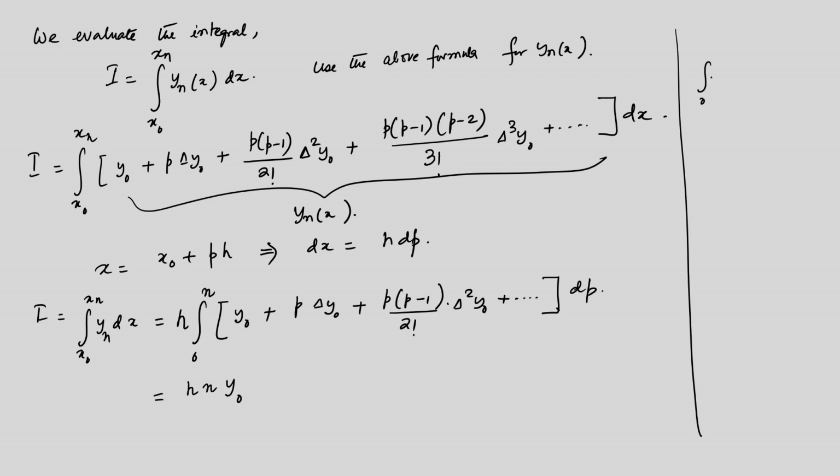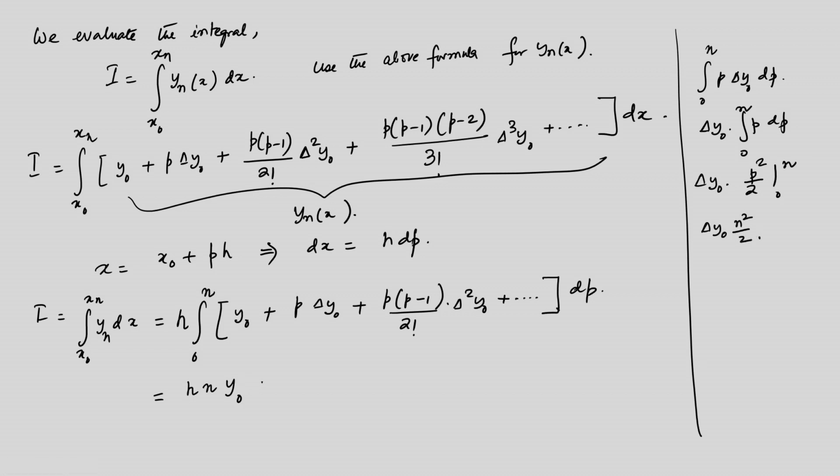Okay. The second term can be found out if you just note that integral from 0 to n of p delta y 0 dp. So, this is like delta y 0 times p dp, sorry, this is p dp, not p square. So, this is p square over 2 from 0 to n, and this is like delta y 0 n square by 2.